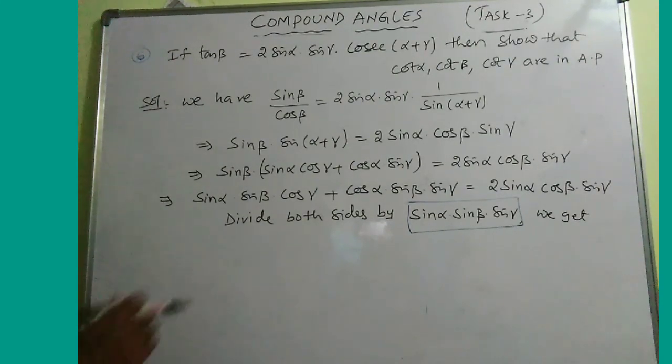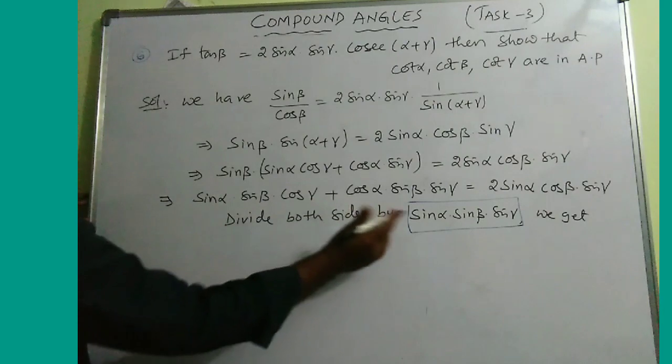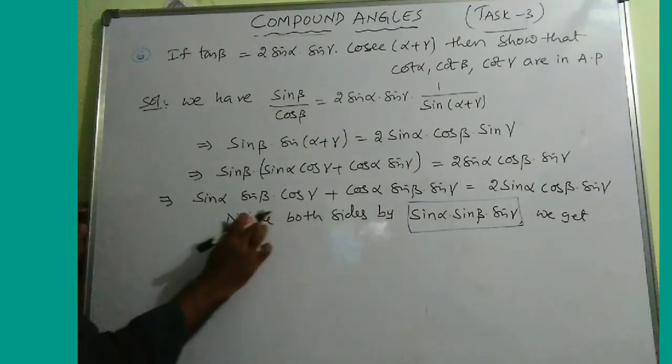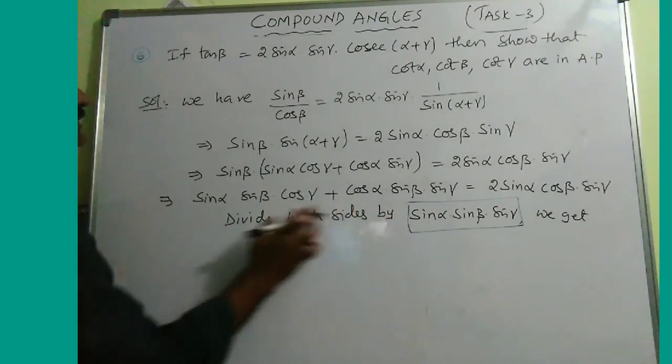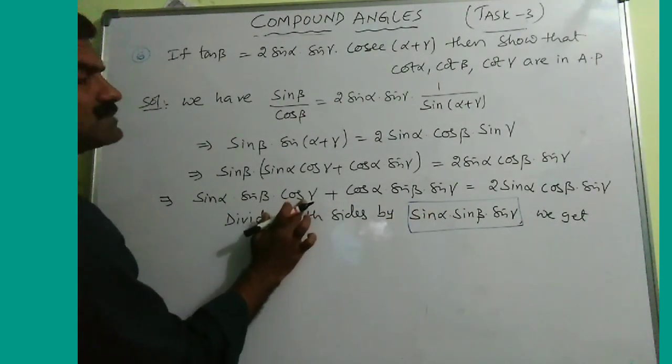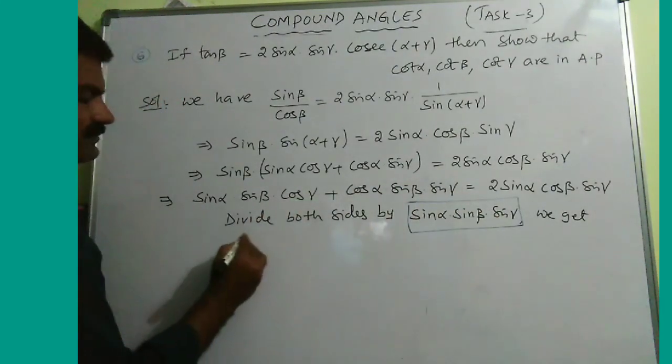Okay. So just see, when you divide this with sin alpha into sin beta into sin gamma, sin alpha cancels, sin beta gets cancelled. We'll have cos gamma by sin gamma, isn't it?